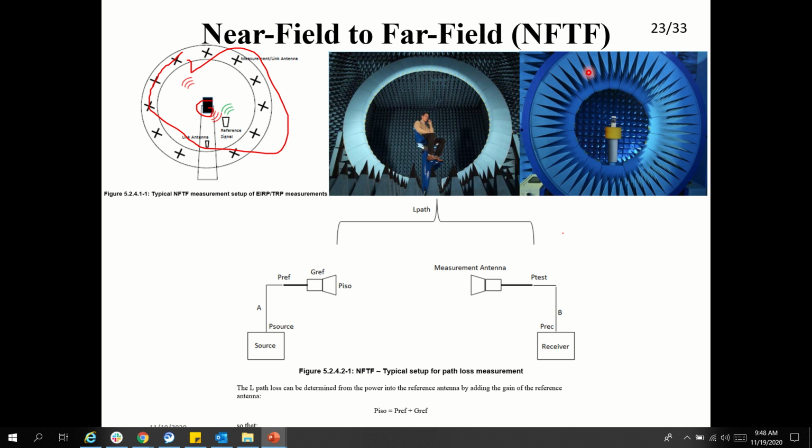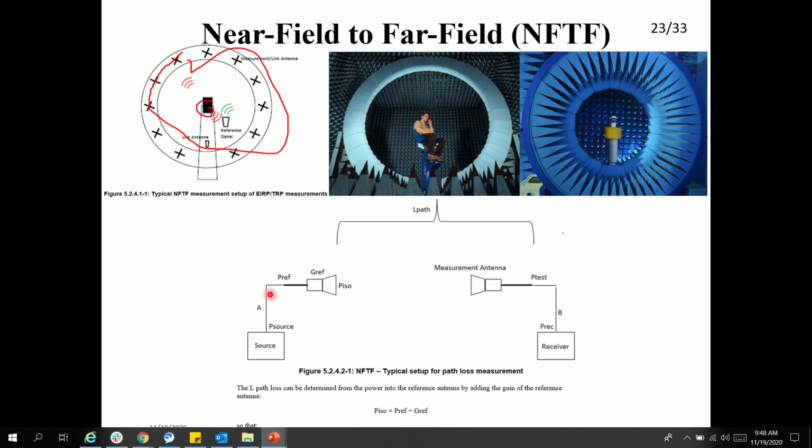You can see here there is another set of design that they made. And one more thing: if you want to calibrate the setup, you have to find out what typical path loss is available. How can we estimate path loss? It is very simple.